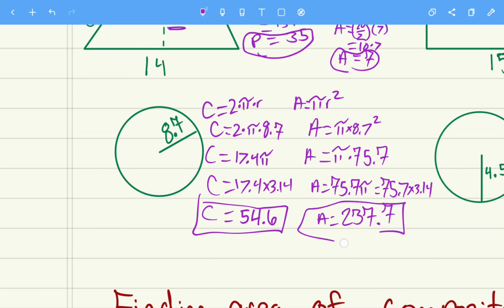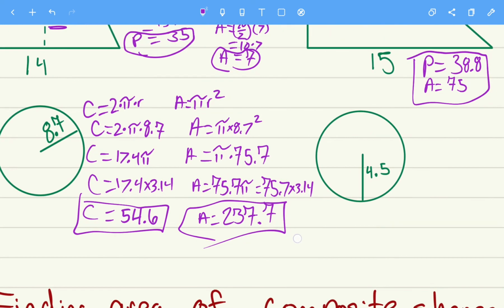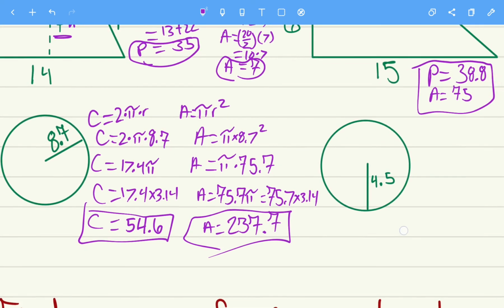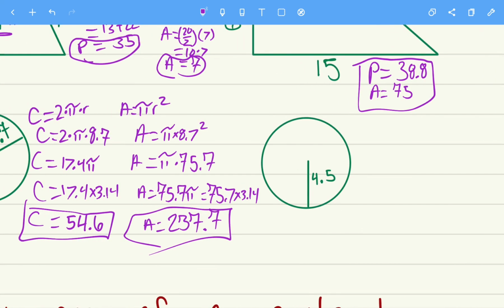And that is the area of our circle. Now go ahead, try this last one. Pause the video if you need to. And here's the circumference and area of this circle.